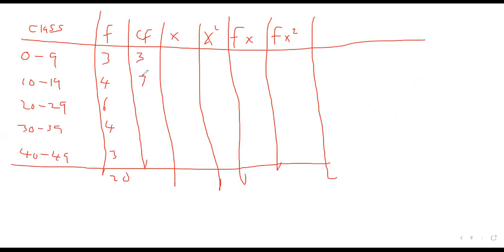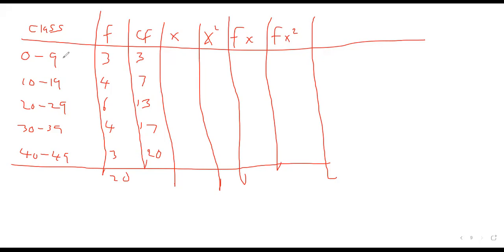We have a 7 when we add this to that. Then 13. Then 17. And 3 to 17, we have 20. Are we clear so far? Yes, we are. All right.